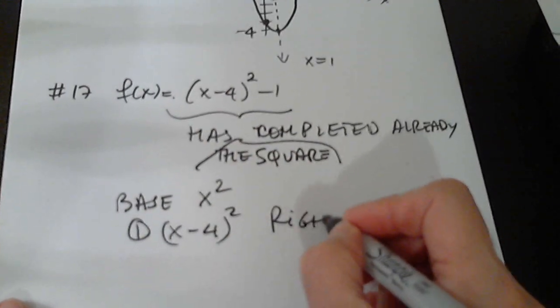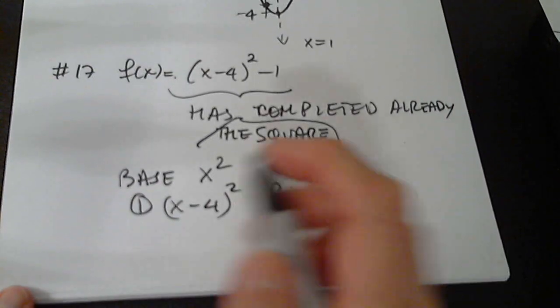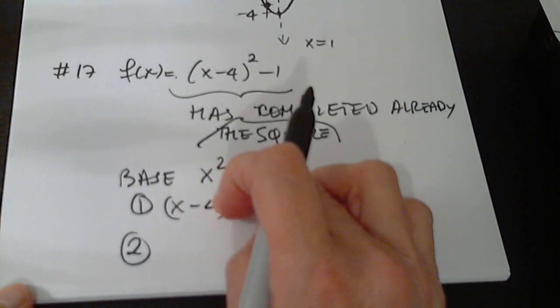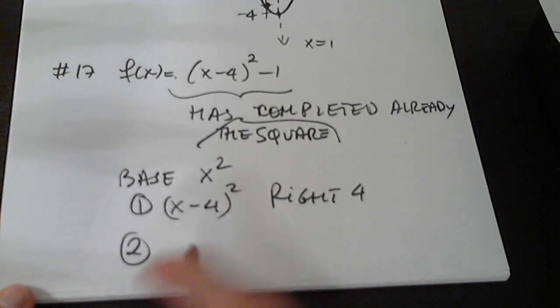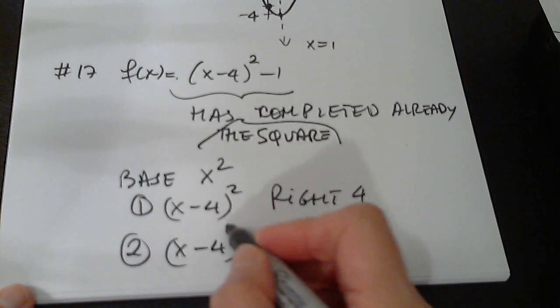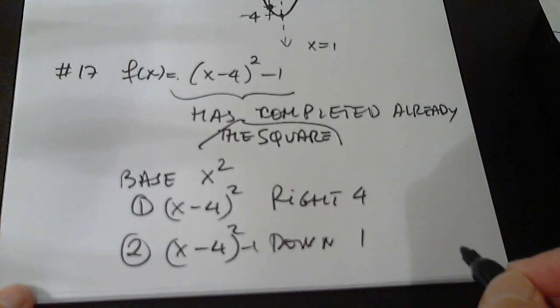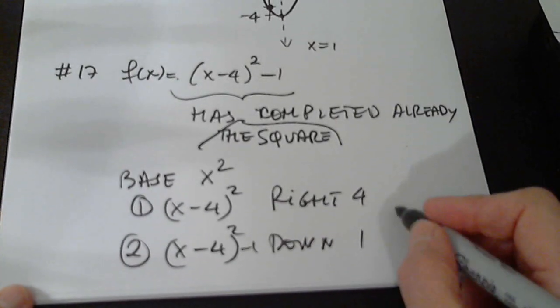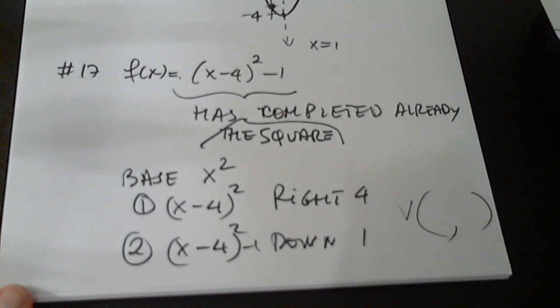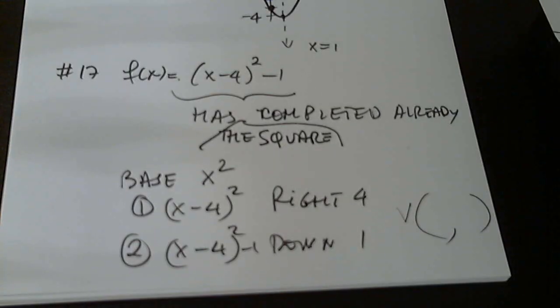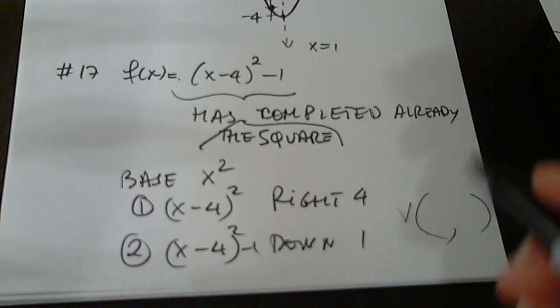And the last one, a transformation on this, is down 1. Can anyone picture the vertex of this parabola without even graphing it? Right 4, down 1. (4, -1). This is it.